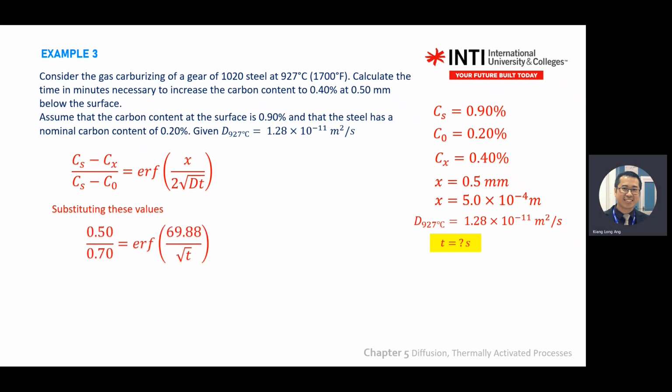You'll get 0.5 divided by 0.7. Your x divided by 2 root D gives 69.88, of course with the square root of the D value.